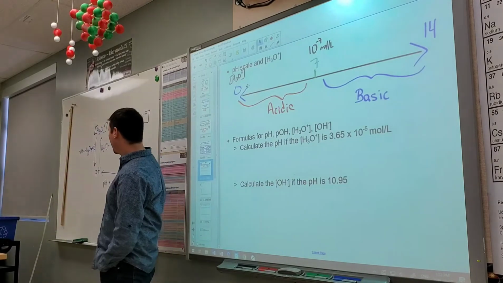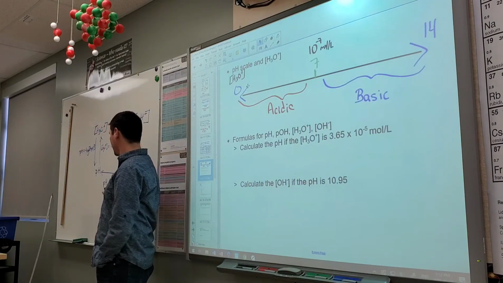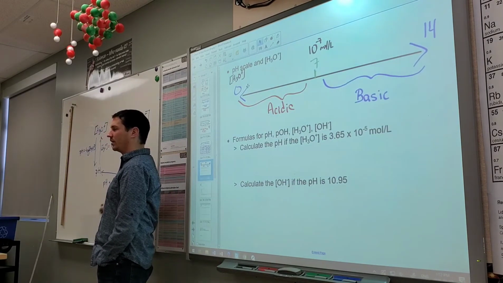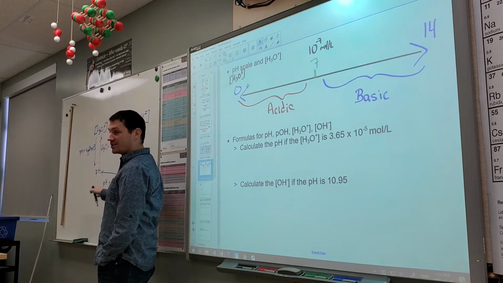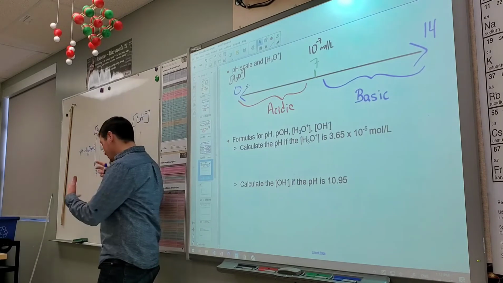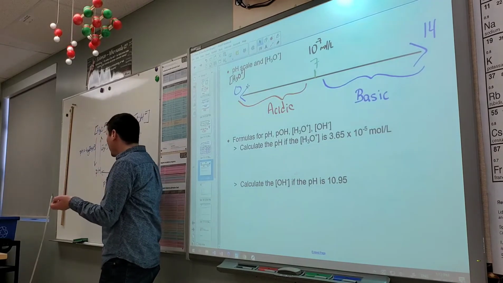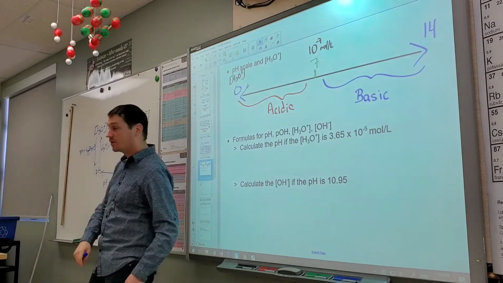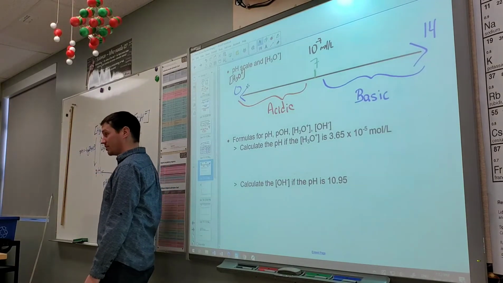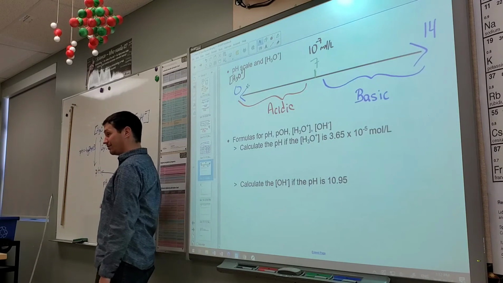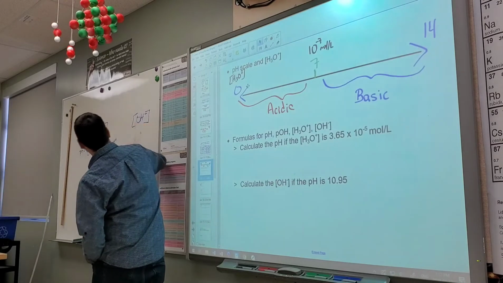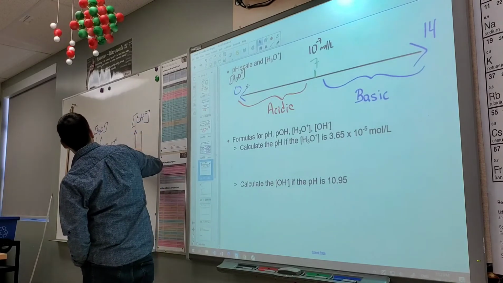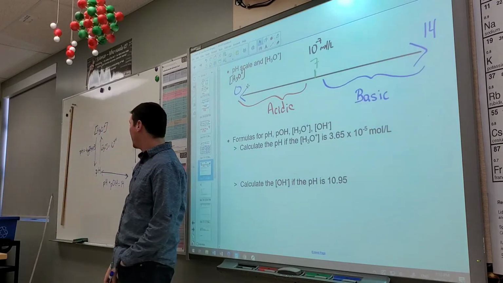And if you know anything about powers, there's something a lot more powerful going on here, something way more important that we'll talk about at the chemistry 30 level. If you know anything about logarithms, so we can go from pOH to OH.